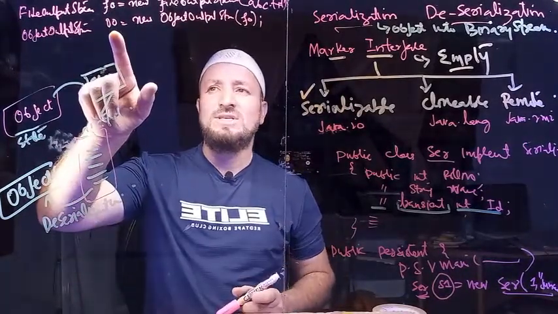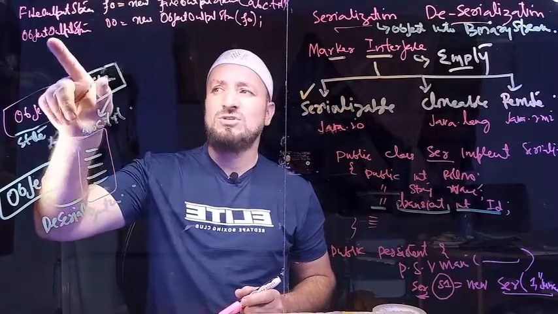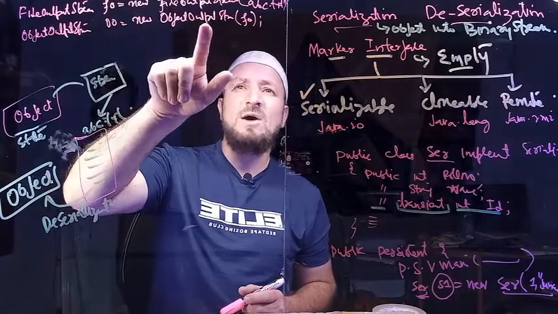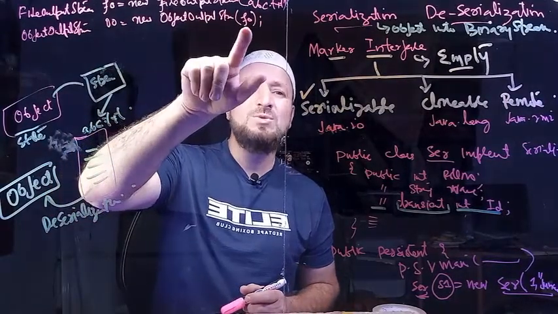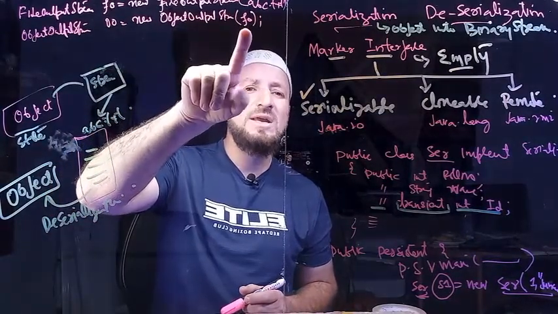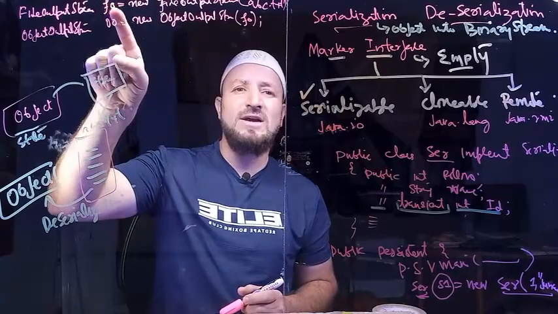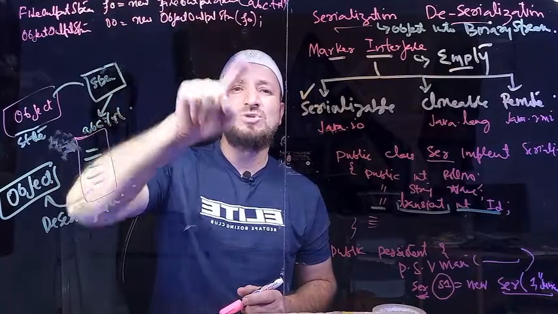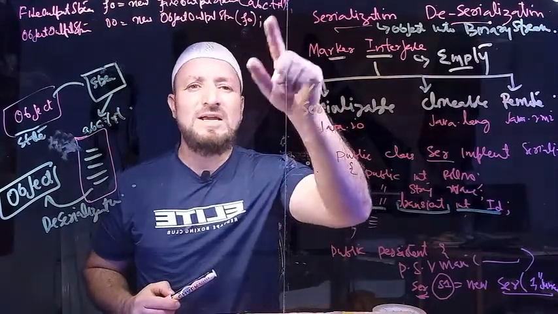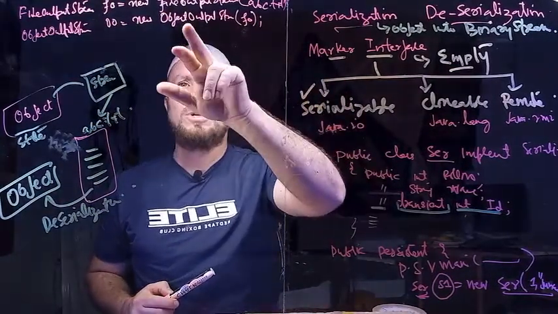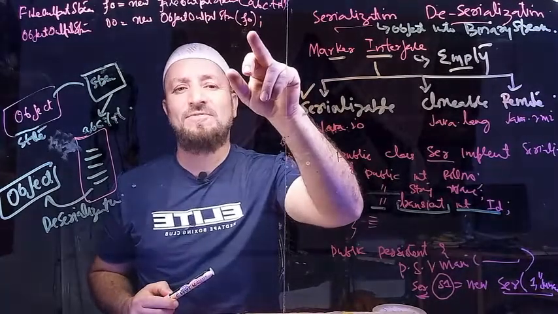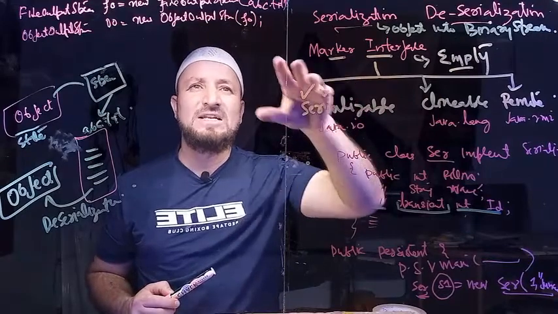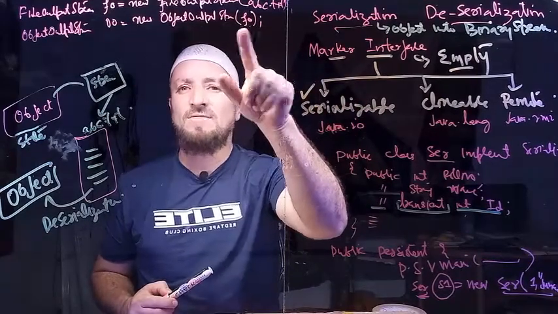OO is the reference variable of type ObjectOutputStream, equals to new ObjectOutputStream, and I link it with the file being opened in the write mode. FO is the reference variable of type FileOutputStream, which has opened abc.txt in a write mode, and ObjectOutputStream needs that file to be opened in a write mode. That is done by FO, so I'm passing FO into it.